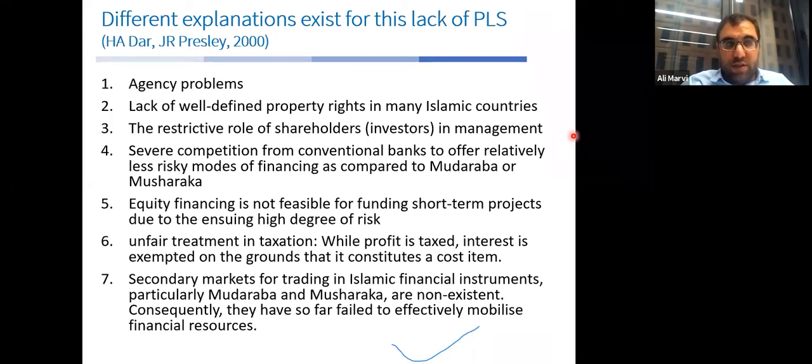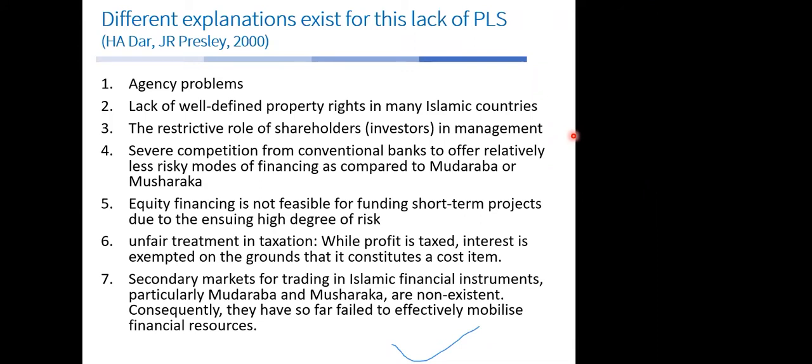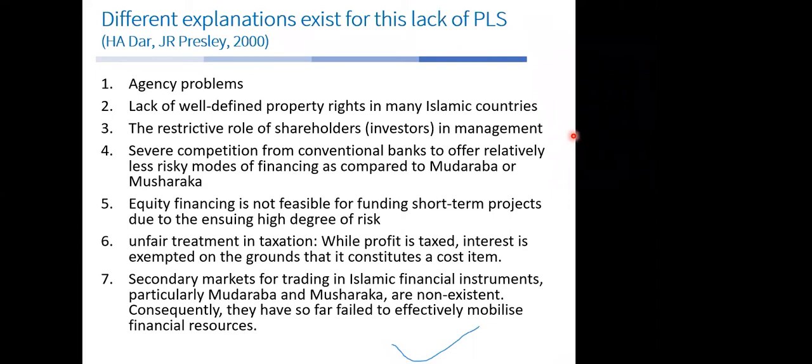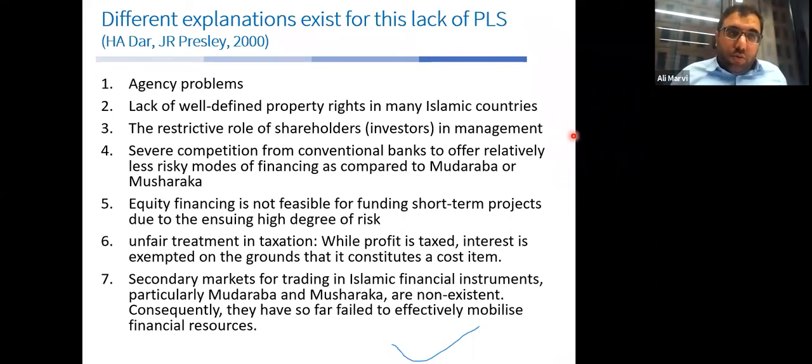For example, if the contract is mudaraba, between the capital provider and the entrepreneur, or between the bank, which is actually a wakil, similar to a lawyer of the depositor, and the depositor. Islamic depositors do not really know if the bank exerted its best effort to monitor the entrepreneur or not.